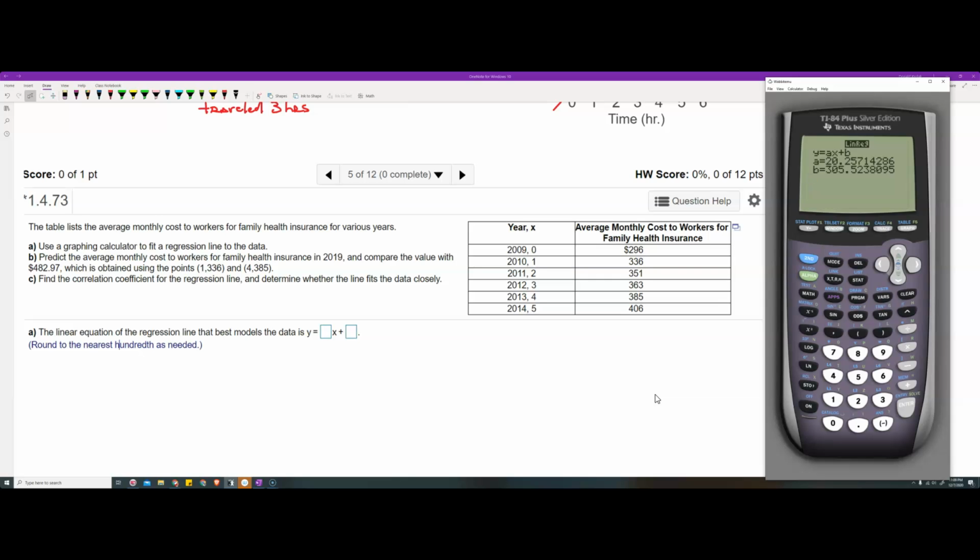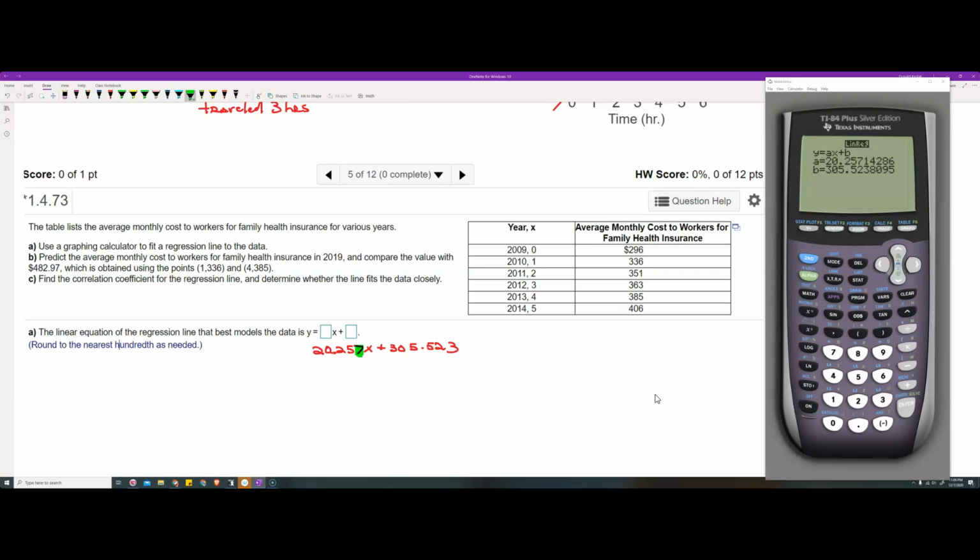So this would be 20.257x plus 305.523, and it says round it to the nearest hundredth.